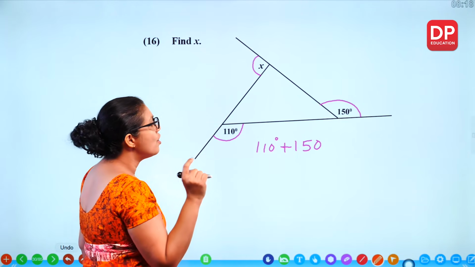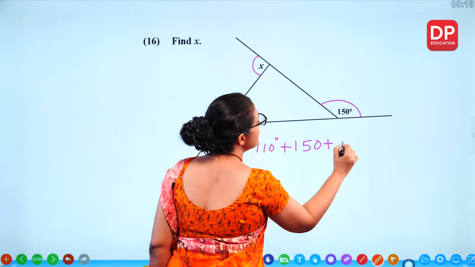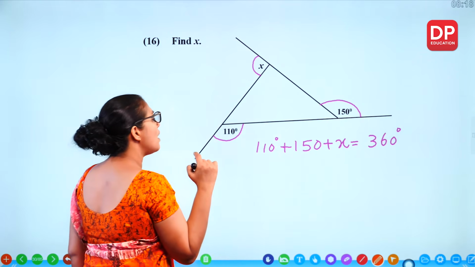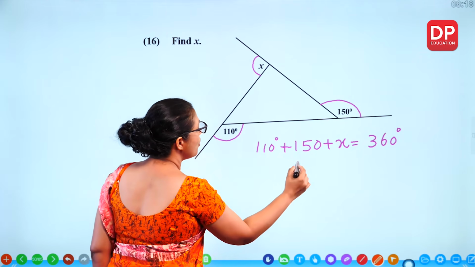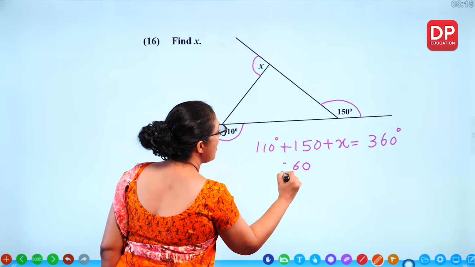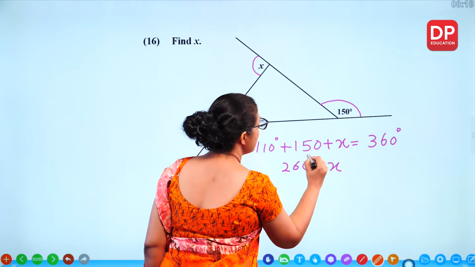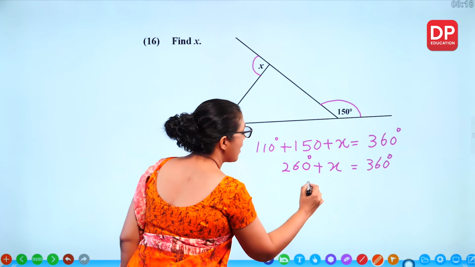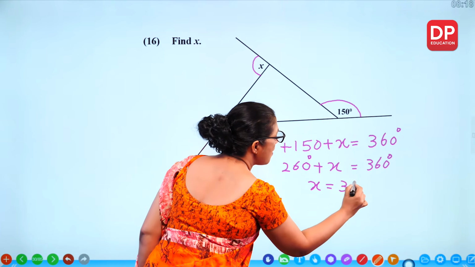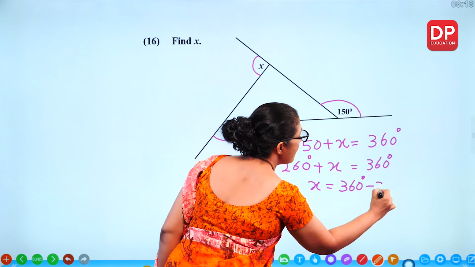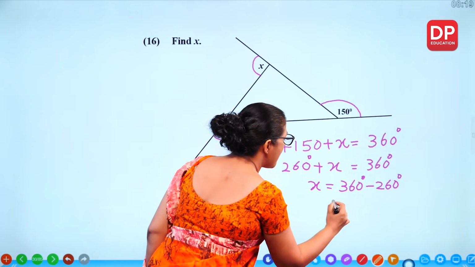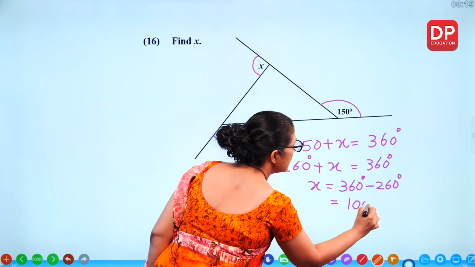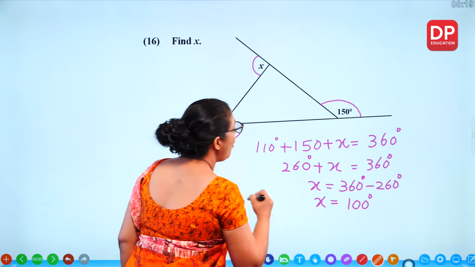That's equal to 360 degrees. Now add these two, you get 260 plus X is equal to 360 degrees. So how can we find out X? Subtract 260 degrees from 360 degrees. So you get 100 for X.